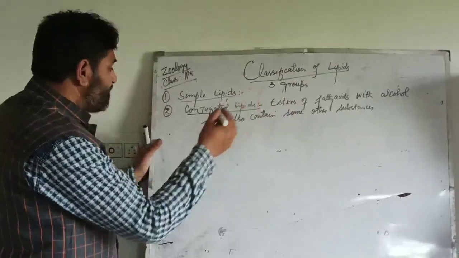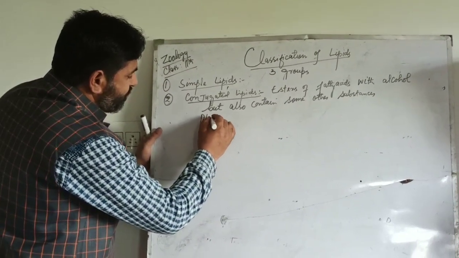And these conjugated lipids are represented by phospholipids.